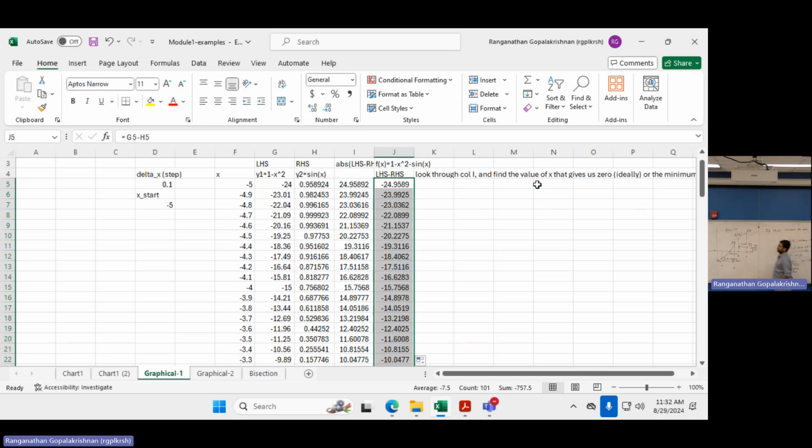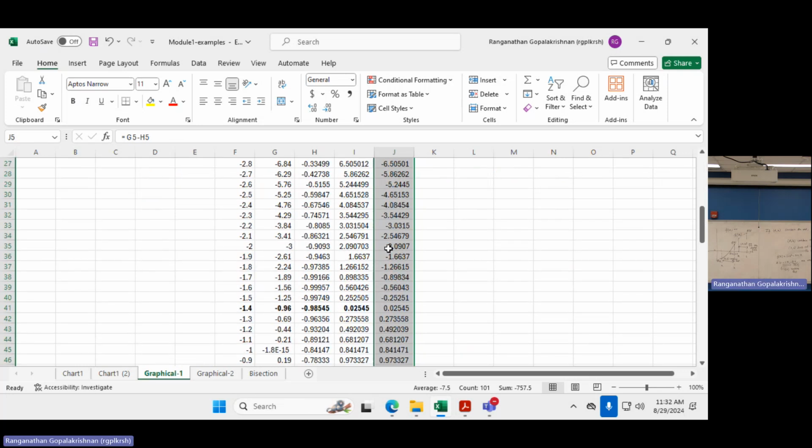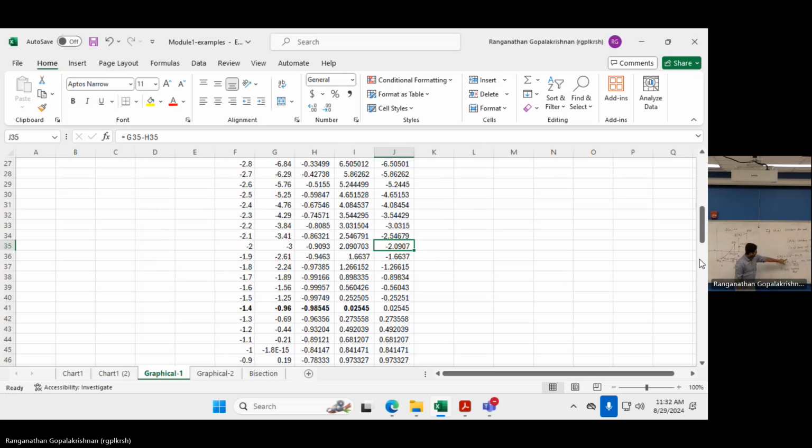I can look it up and say f of minus 2 happens to be minus 2.0907. And f of 0 is 1, 1 minus 0 squared minus sine 0. So this is 1. Of course, this is negative, which implies, and also the other way, minus 2 to 0 contains a root, not the root, a root, because there are more than one roots.